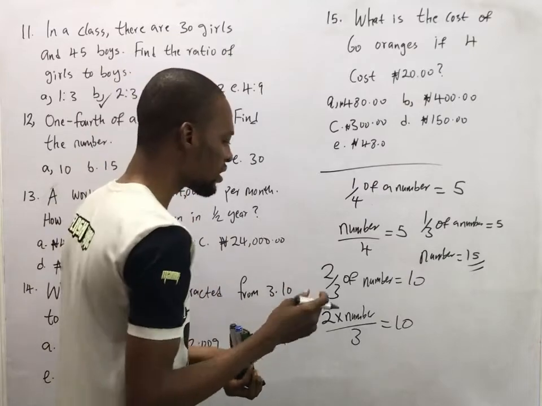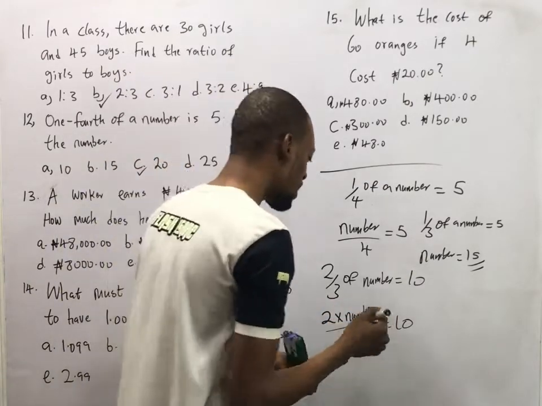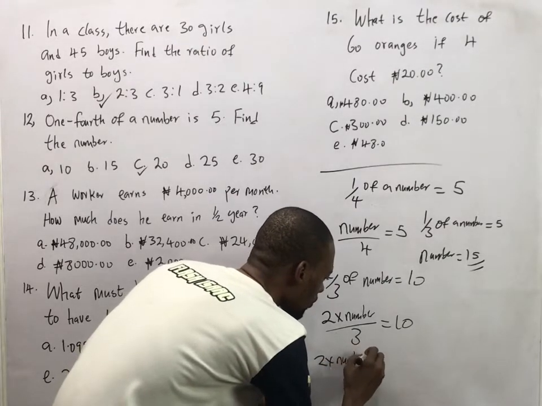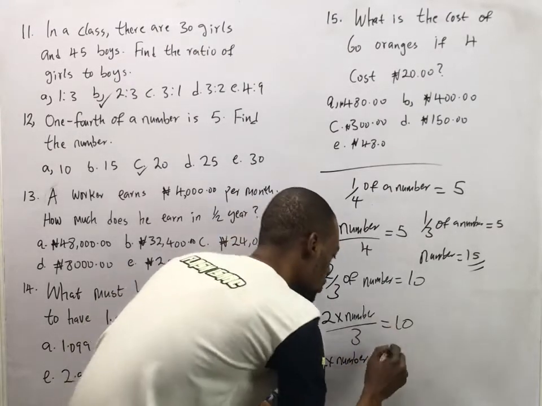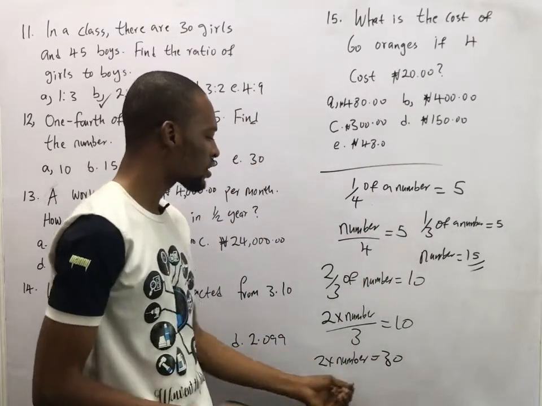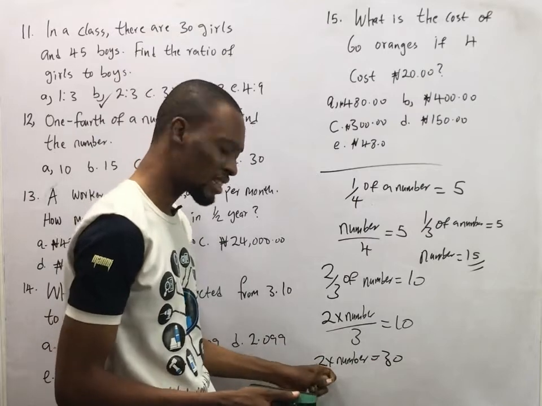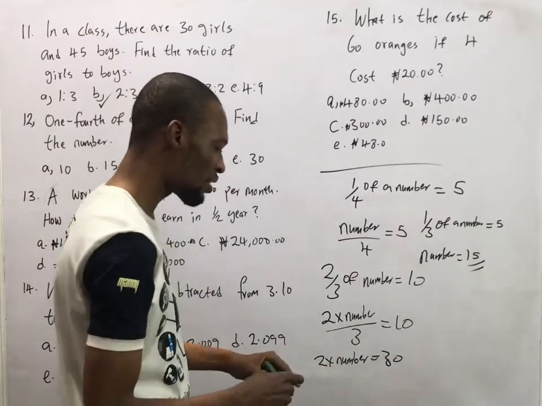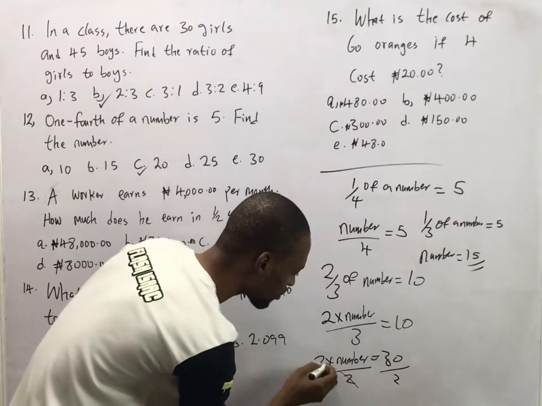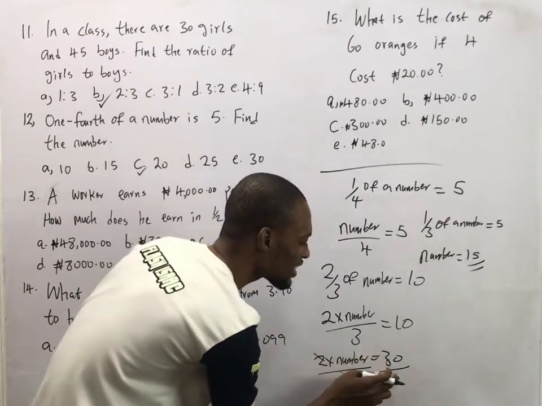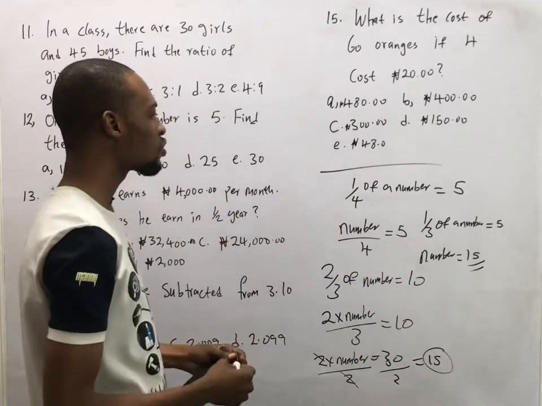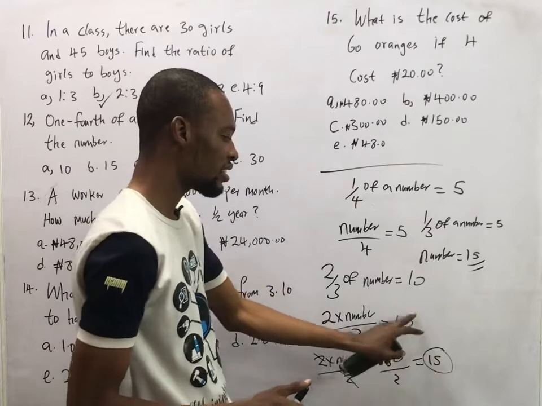You cross multiply. When you cross multiply, we have 2 times the number will be equals 3 times 10, which is 30. Now, we are not looking for 2 times the number. We are looking for the number itself. So the number itself can be gotten by dividing both sides by 2. So the number becomes 30 divided by 2, which is equals 15. This means that 2/3 of 15 is 10.